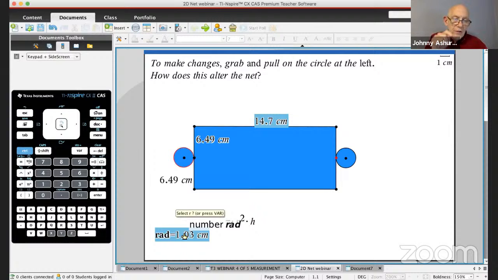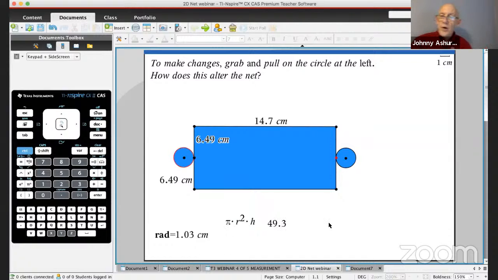This is not taking away the student's opportunity to build skill with arithmetic, because what we're doing here is working on a concept. We don't want the arithmetic to be in the way of finding a conceptual answer and understanding the volume of the cylinder. Now, because of the way I did that, we have 49.3.